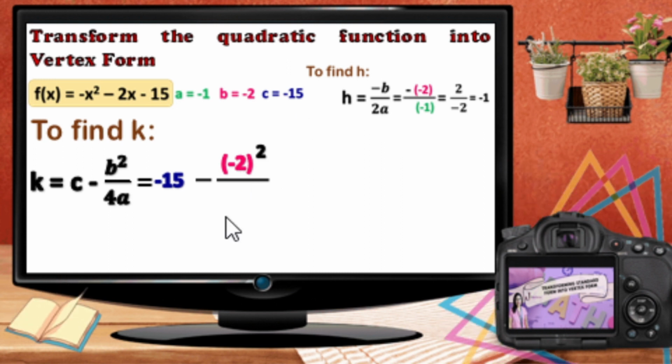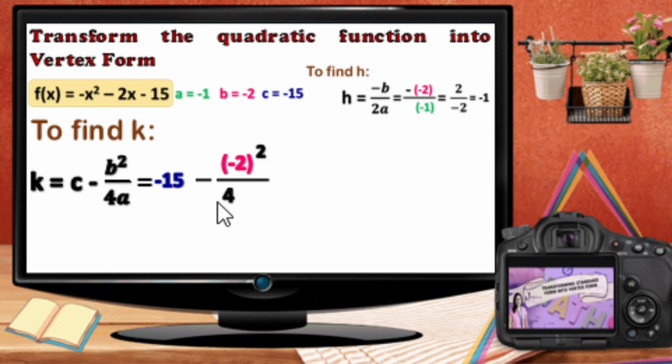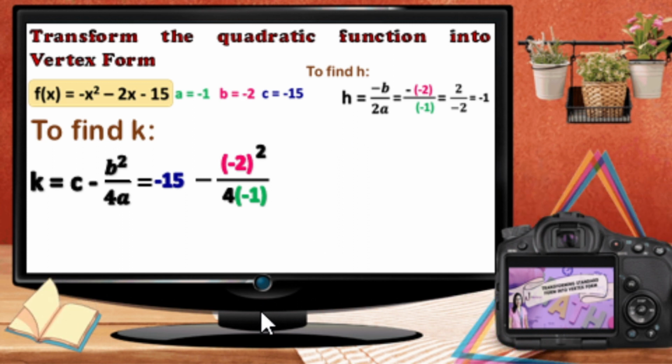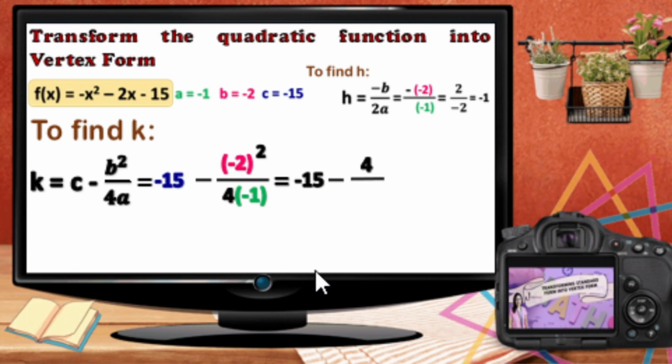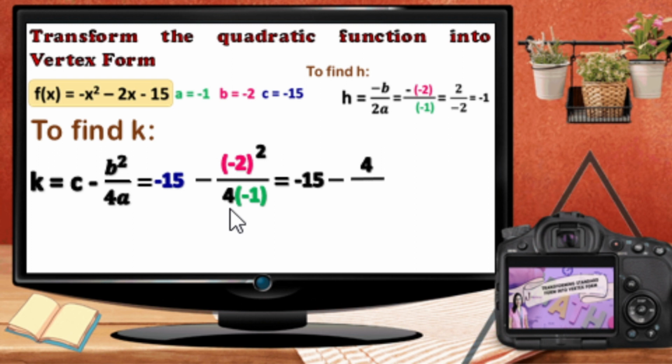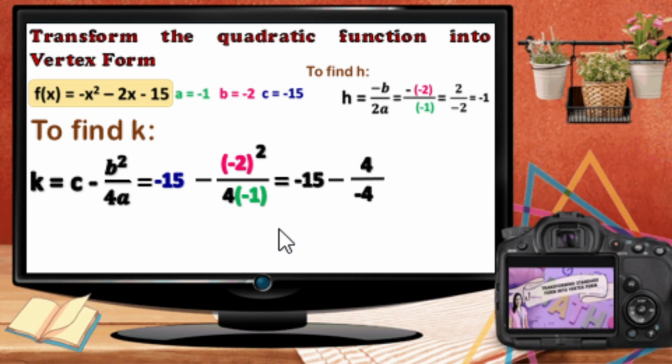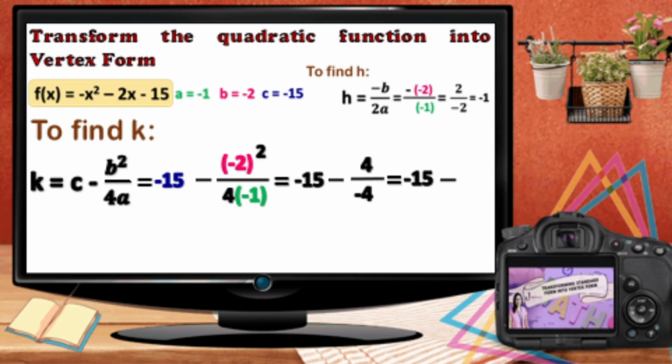So negative 2 squared over 4, yung mula sa formula, and then value of a, negative 1. Simplifying it further, we will have negative 15 minus negative 2 squared is 4 over 4 times negative 1 is negative 4.